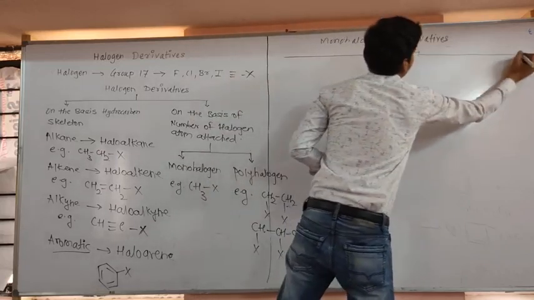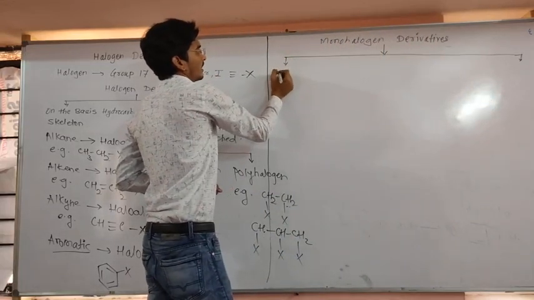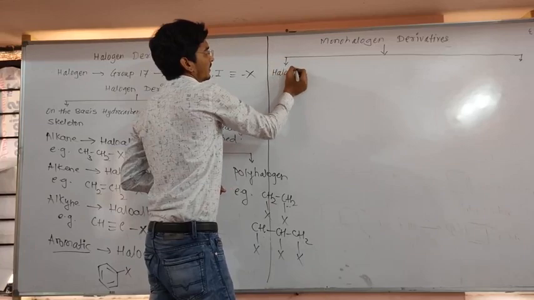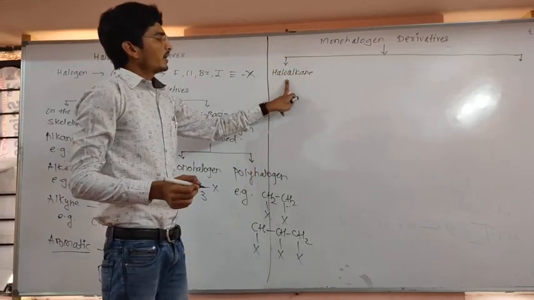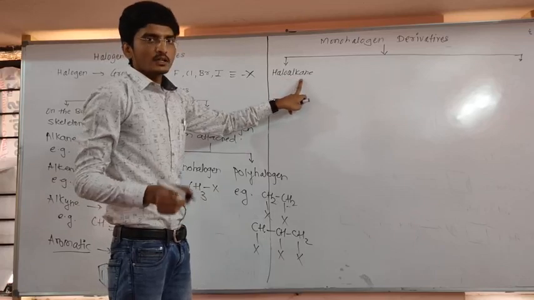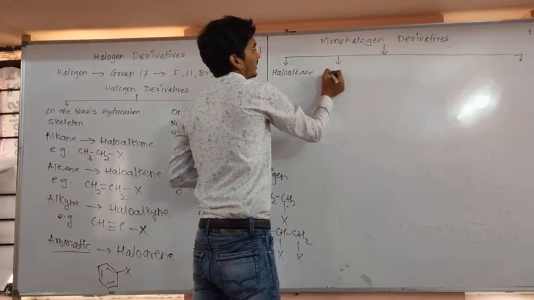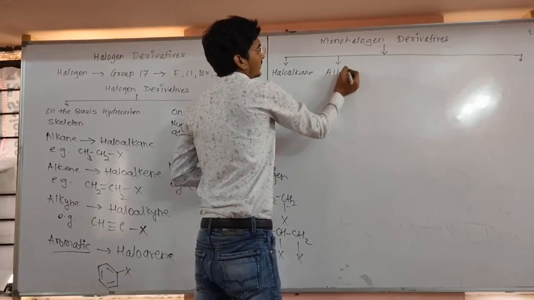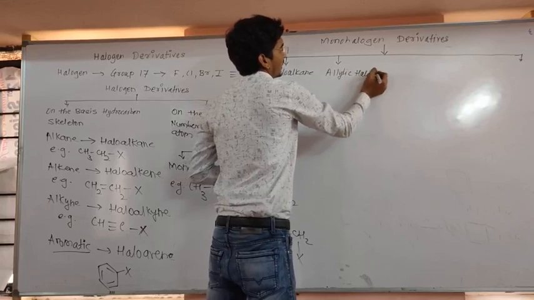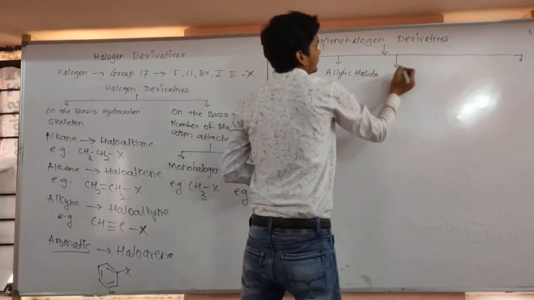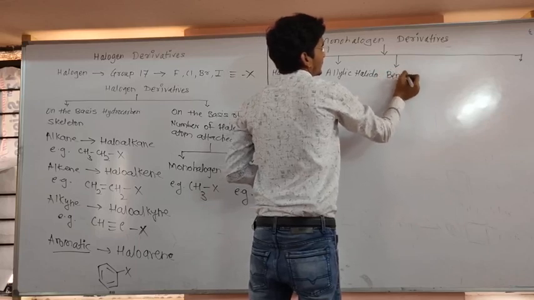into the different types. First one, haloalkane, means only one halogen atom is attached with the alkyl group, then it is called the haloalkane. Next one, allylic halides. Next one, benzylic halides.